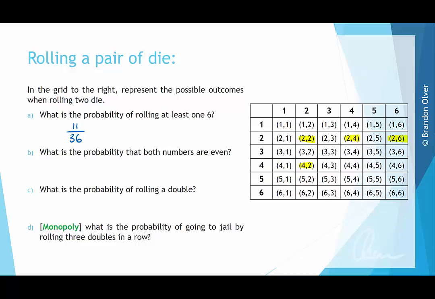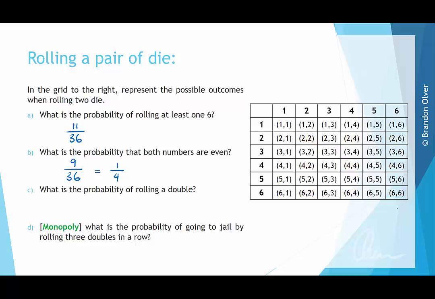Then we can have 4,2, 4,4, 4,6, and similarly we can have 6,2, 6,4, and 6,6. Therefore, our probability is 9, which satisfy our event, out of a total of 36, which can simplify down to a quarter or a 25% chance that you'll get both dice having an even number.